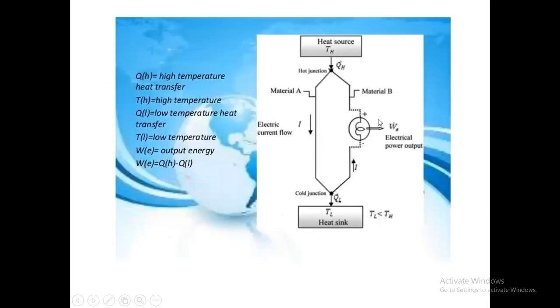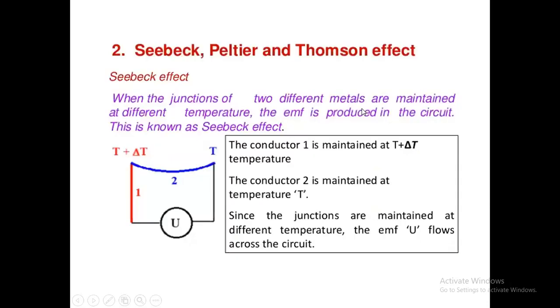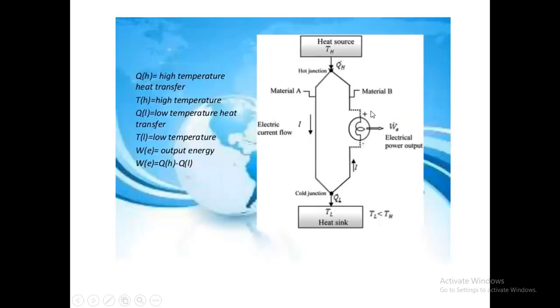Now moving towards the two-conductor phenomenon, we have different substances, material A and material B, joined at a hot junction and also joined at a cool junction. One side produces heat and the other side of the junction, which we call the cool junction, is the cool side.